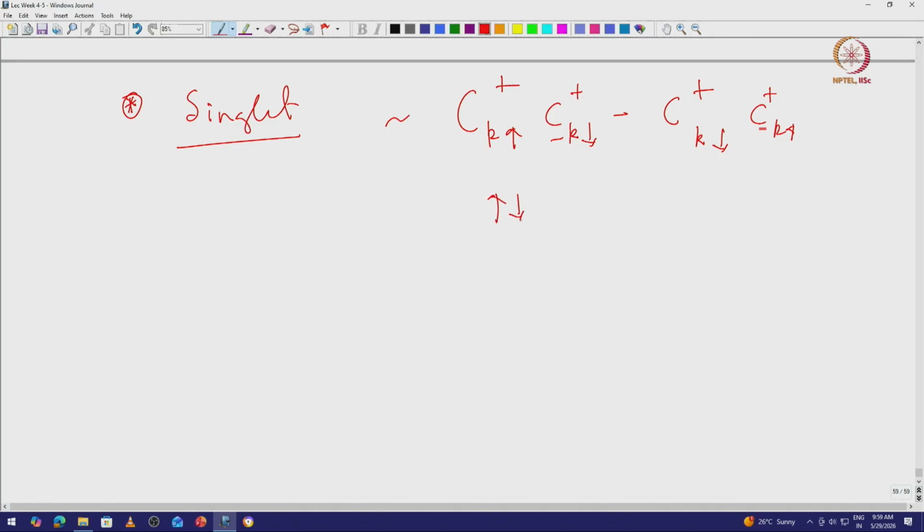Or we wrote it like this, right? And you can put a half just for convention. So there we are not changing the momentum, but we are changing the spin and we get a negative sign, as we do for the singlet.